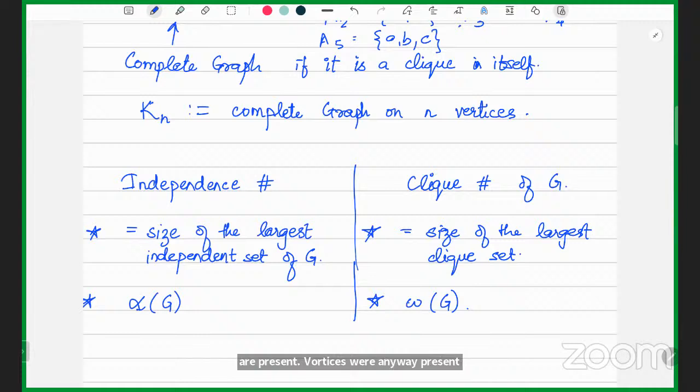So these two numbers of a graph are quite important, and they give many relations with respect to the chromatic number which we have seen earlier. So let's now move towards those relations.